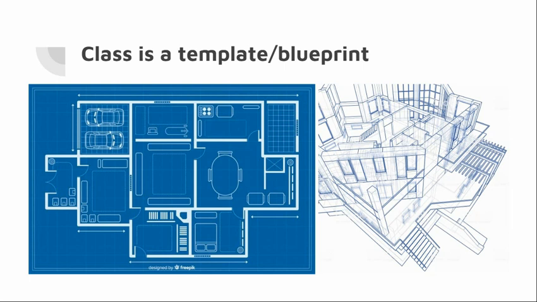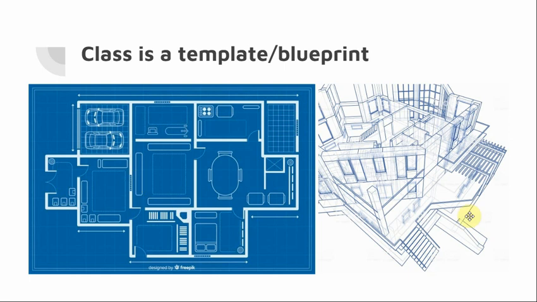Similarly, if we talk about class as a template or blueprint, here is the map. Before actually building different shops or houses or anything, we build the blueprint. That is a map which explains how much width and height would be of a certain part of the house, and then based on that we can build the actual house.